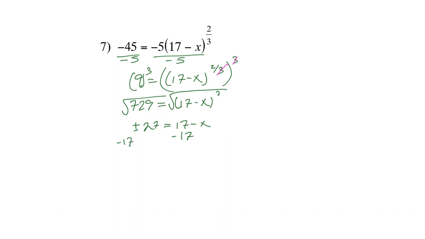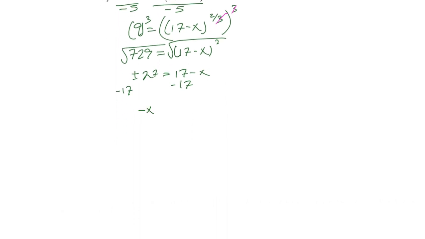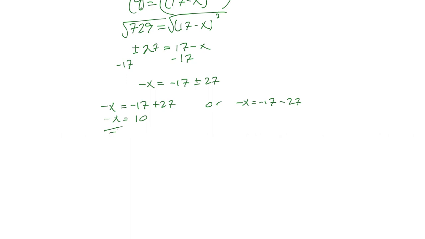That 17 goes in front, so that means that I got negative x equals negative 17 plus or minus 27. Let's split that in x equals negative 17 plus 27, or x equals negative 17 minus 27. So I got negative x equals 10. I'm going to divide by -1. So x equals -10.